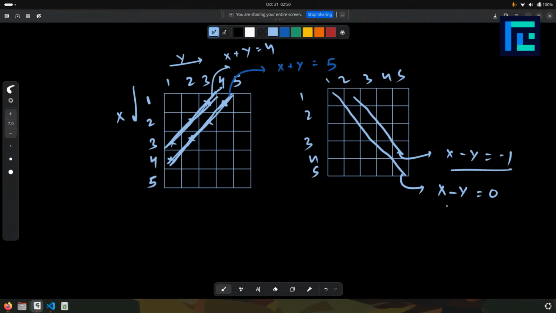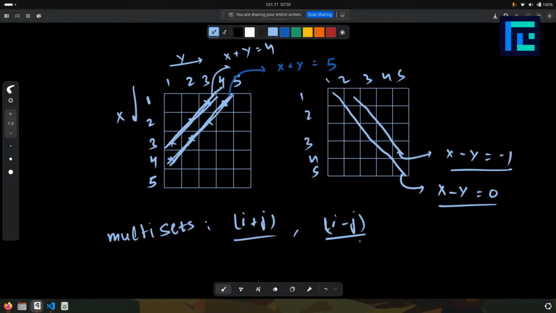So basically x minus y is constant over these lines. What we can do is maintain multisets, one which will hold the i plus j values, and a multiset for i minus j which will hold those values. After we create these multisets for all the black cells, we can check if the multiset has only two values which are adjacent to each other, and if so, the answer would be yes.